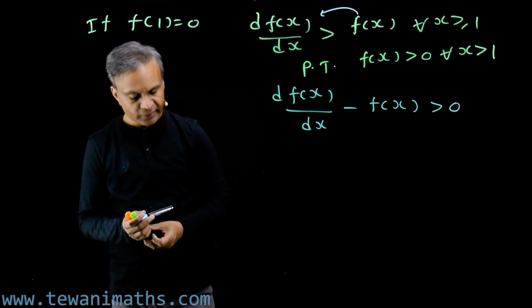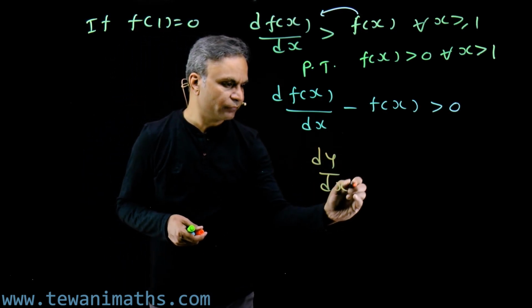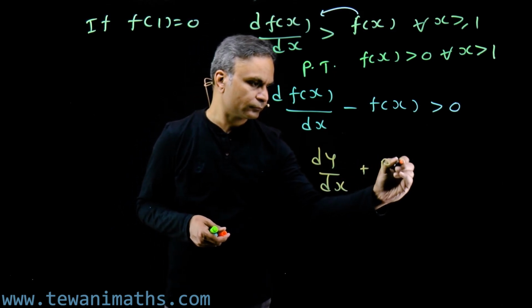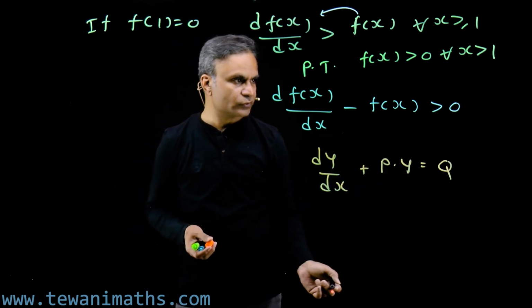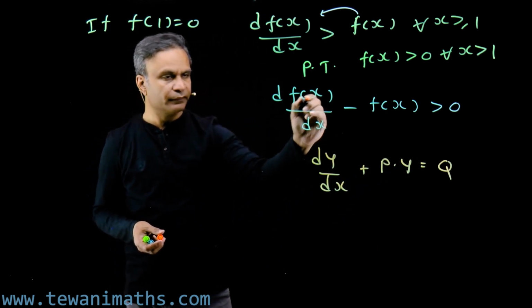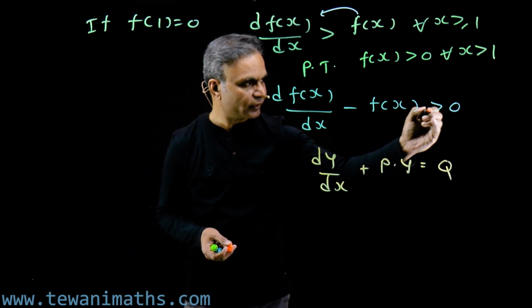Now we compare this with this equation, where p and q are functions of x. Here in place of y we have fx, there is a resemblance. The only change is here we have inequality.